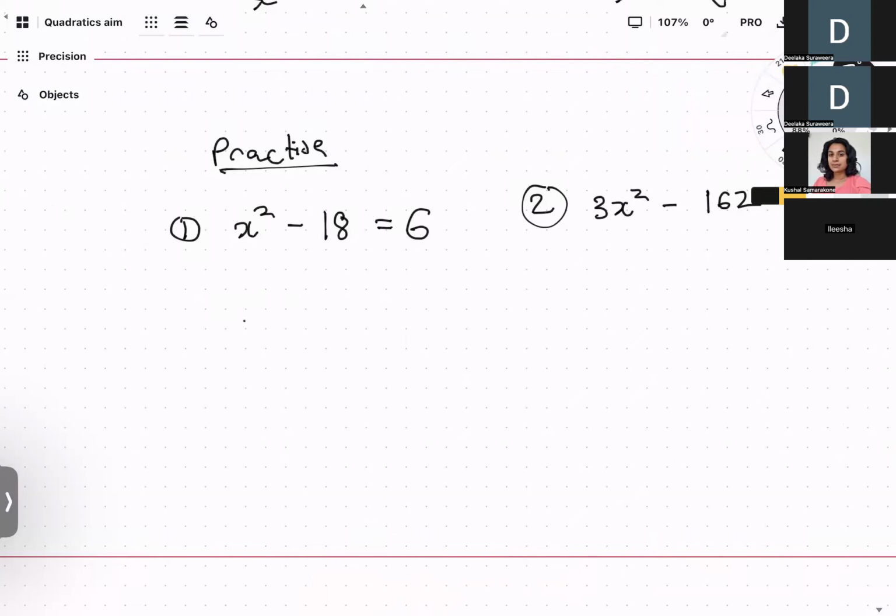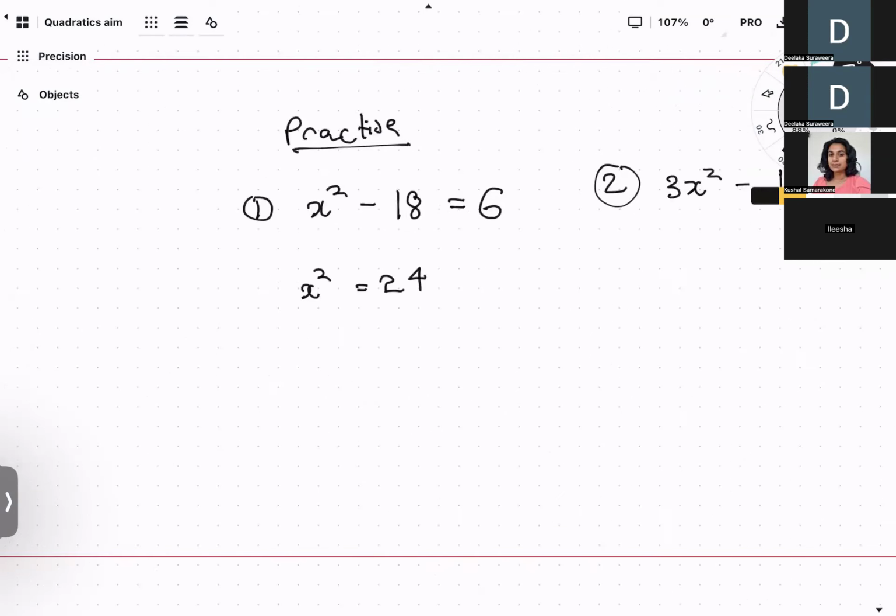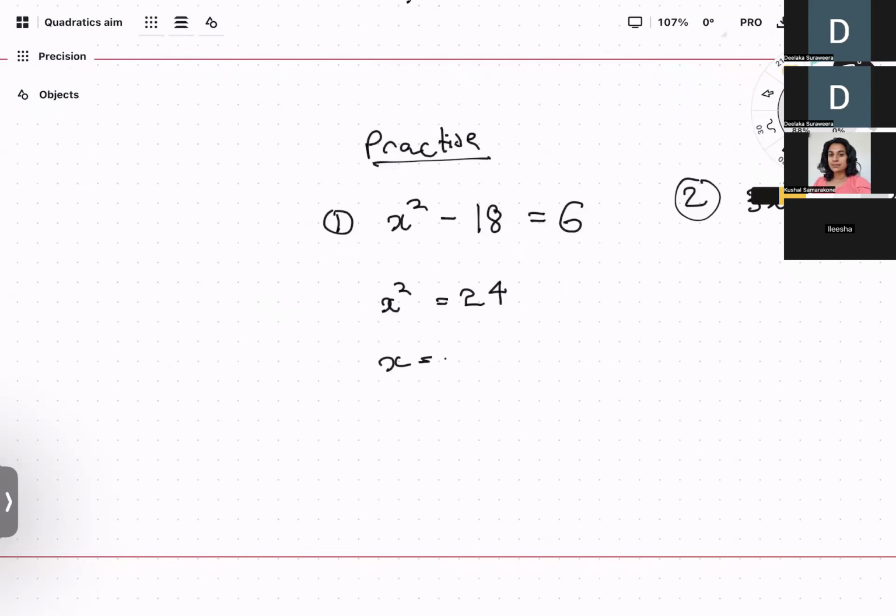If we have x squared minus 18 equals 6, you add 18 to both sides, you get x squared equals 24. Then it's a square rooting, so x is plus or minus the square root of 24.